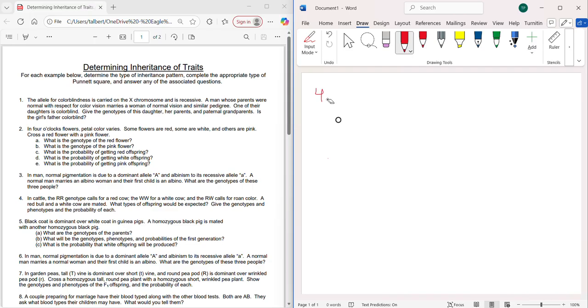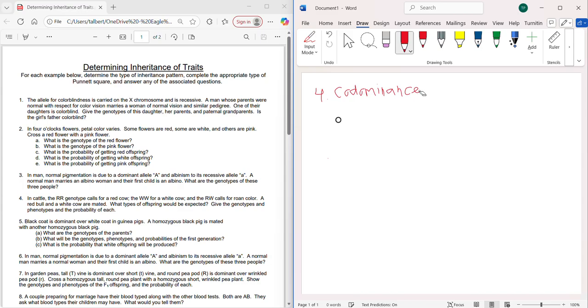Give the genotypes and phenotypes and the probability of each. So again, what type of inheritance pattern is this? Incomplete, codominance, sex-linked, Mendelian. If you said codominance, you would be correct.